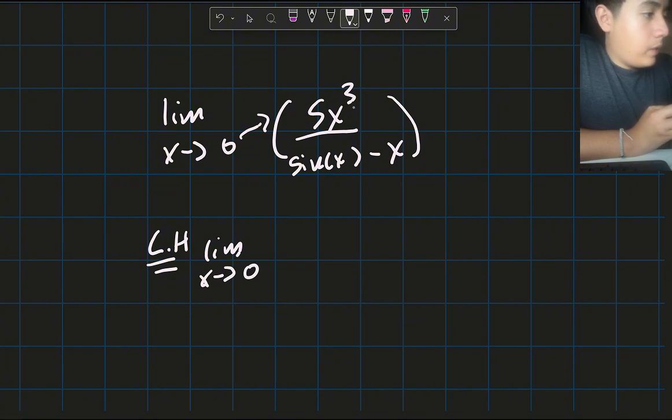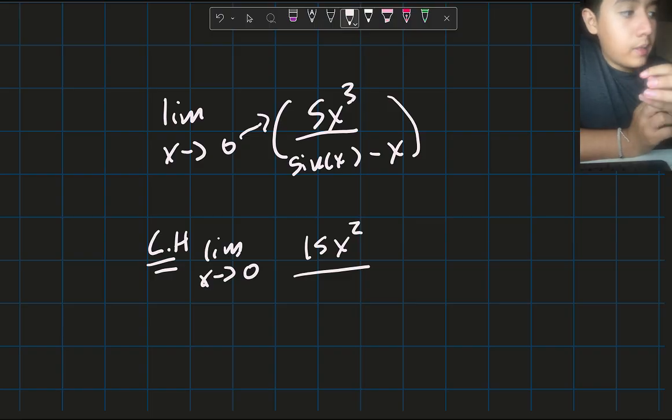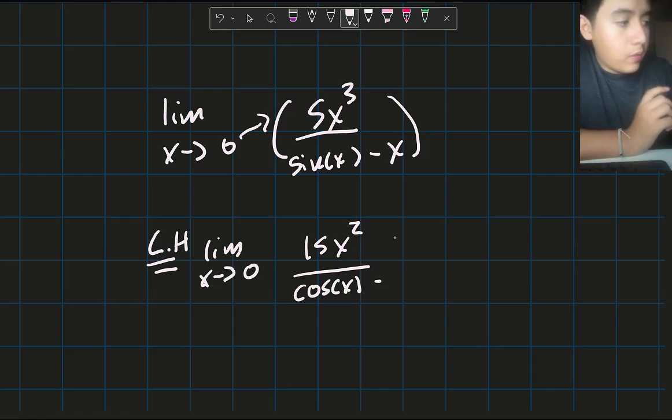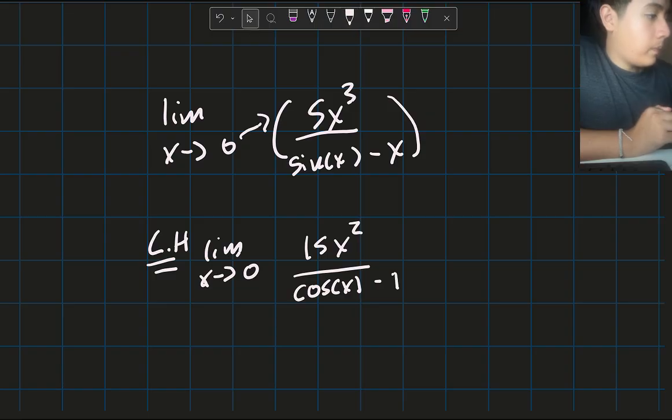5x to the power of 3, this will give us 15x squared over the derivative of sine, which is cosine of x minus, and the derivative of x is just 1. Okay?